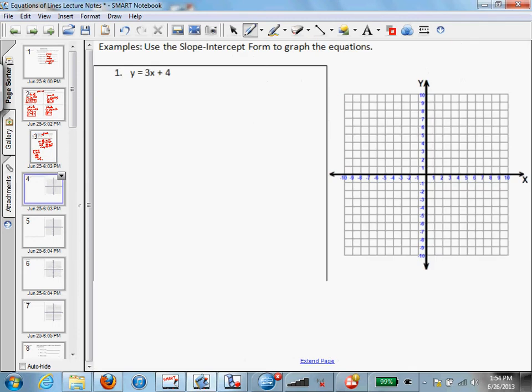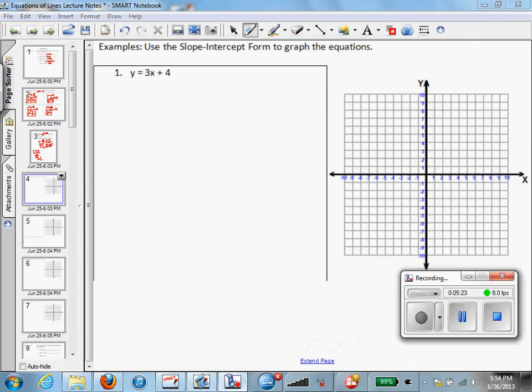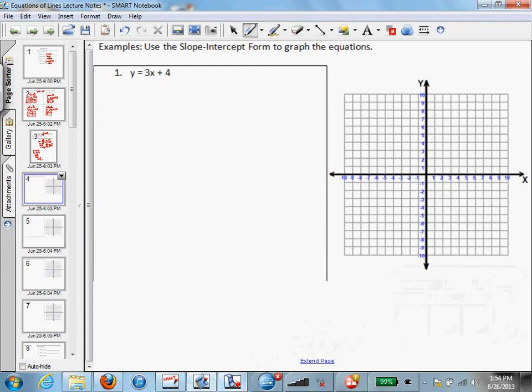So let's get our hands dirty with some examples, graphing these kind of things. So we have y equals 3x plus 4, identifying that the slope is 3, and we say that's over 1, and b is 4. You can write that as 0, 4. So let's graph this 0, 4 first, which is plotted right here.